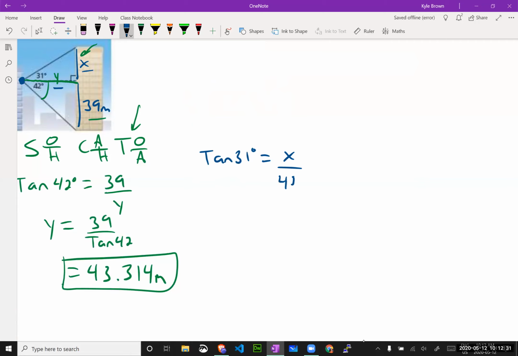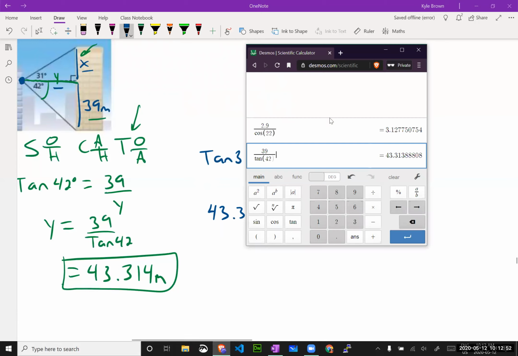43.314. So bringing that up, that would be 43.314 times tan 31 degrees is equal to x. Okay, so it's going to be that. Can I copy this?